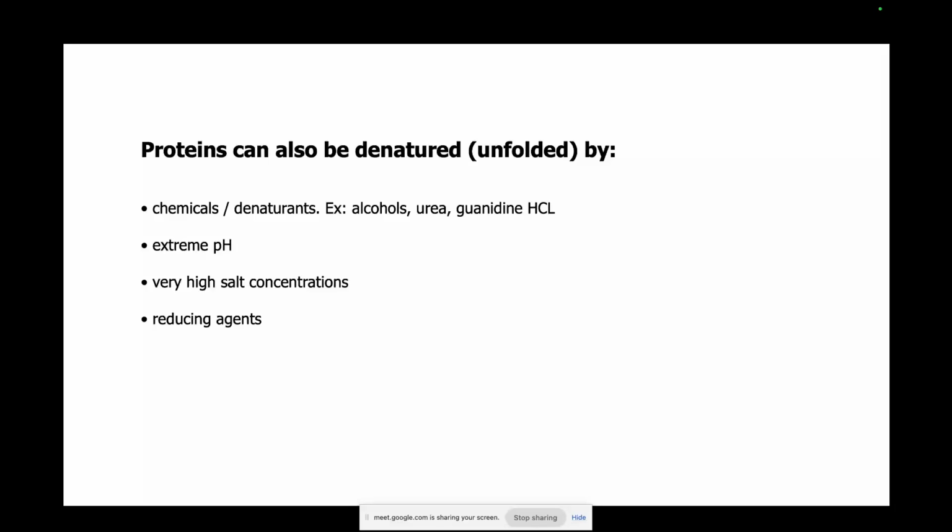Also, very high salt concentrations can denature proteins, and you can also use reducing agents. So there are a host of ways you can do the unfolding.